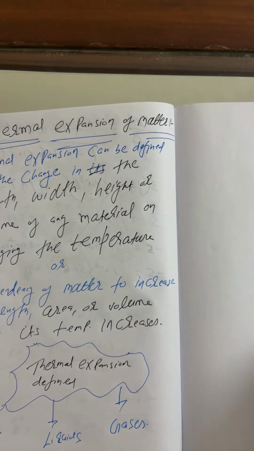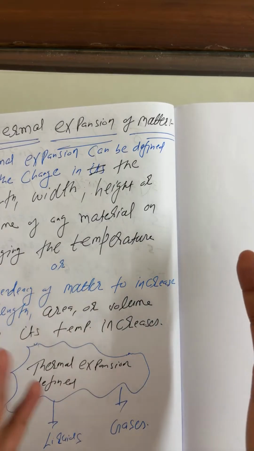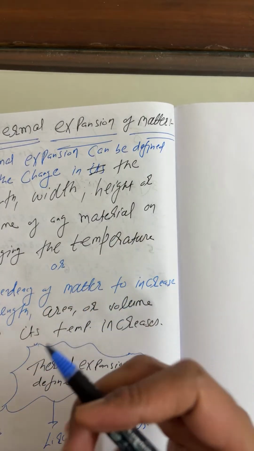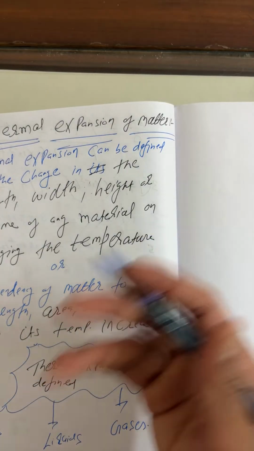The order of thermal expansion can be written: gases have more thermal expansion, then liquids, then solids.